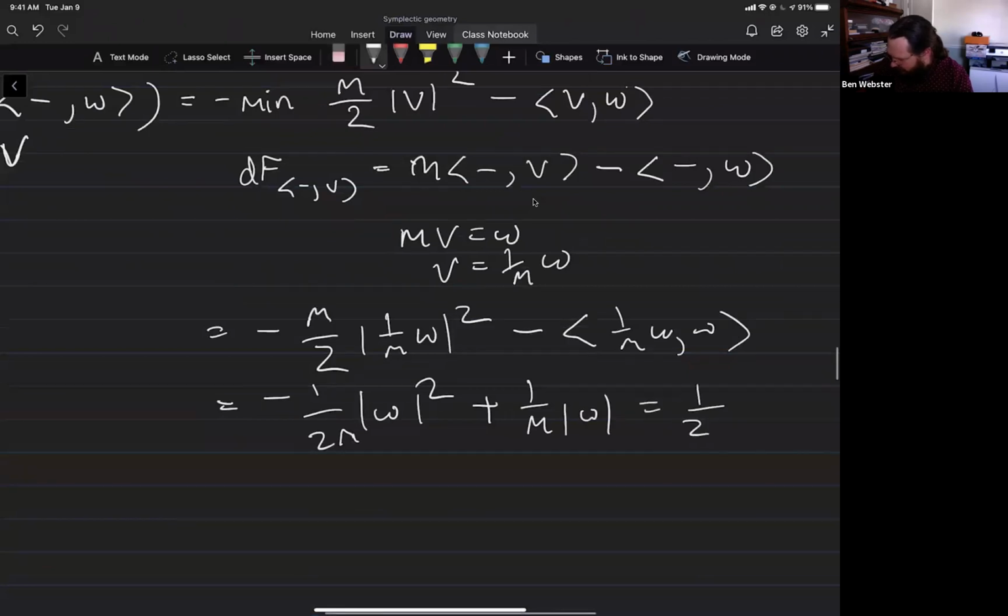I get 1 over 2m length of w squared. All right, so the mass switches where it was. The key thing here is that the half stays in the game because it gets canceled when I take the derivative. But if I had started with m times the length, I get 1 over m times the length. So there's sort of a dual scaling here.